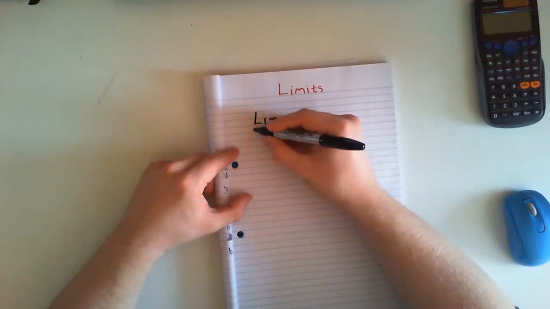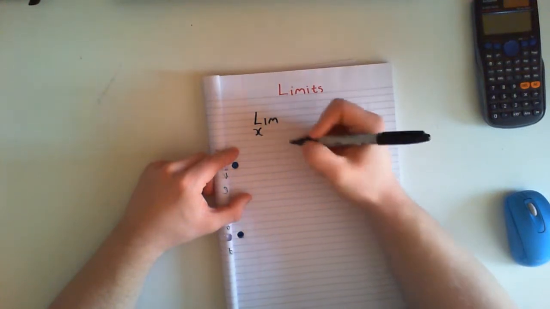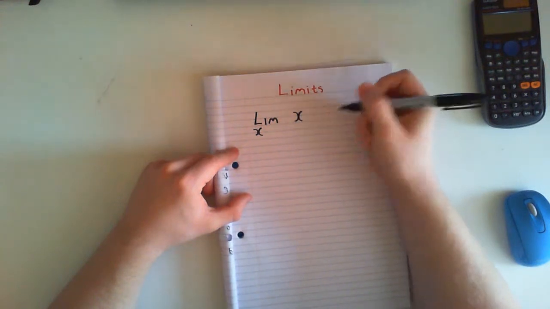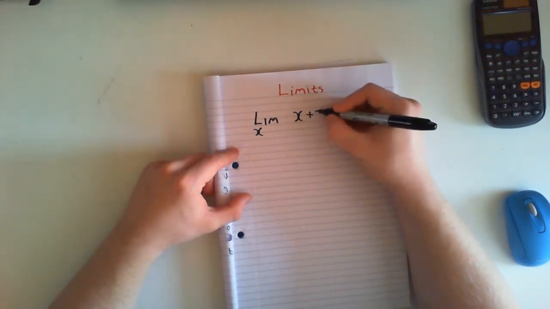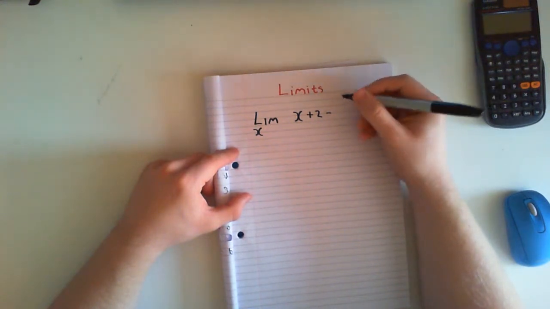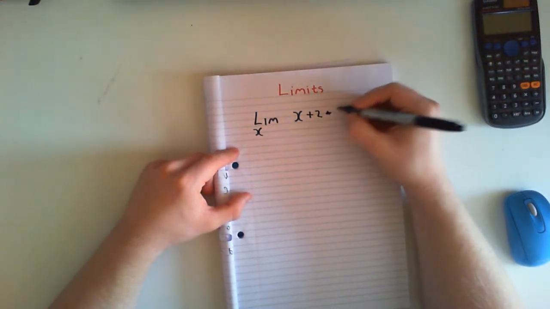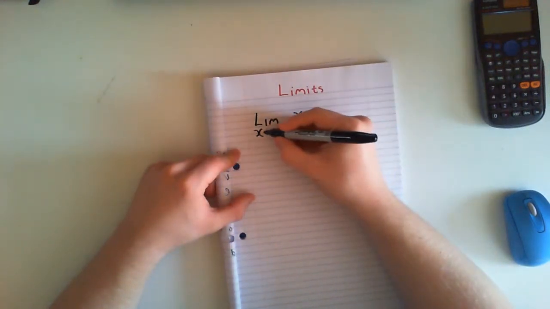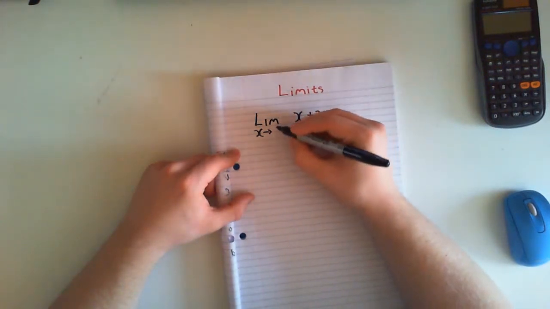We'll just have x plus 2 for a start. It's a nice simple one. But it has an arrow saying as it approaches, and we will give a value, in this case, of 1.